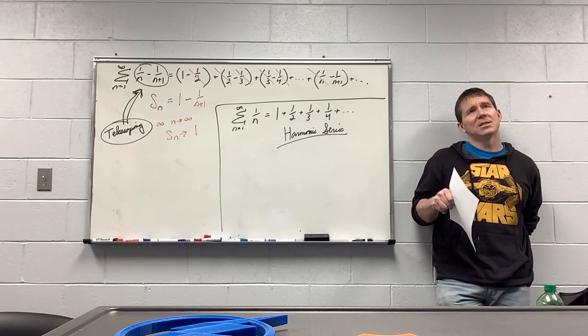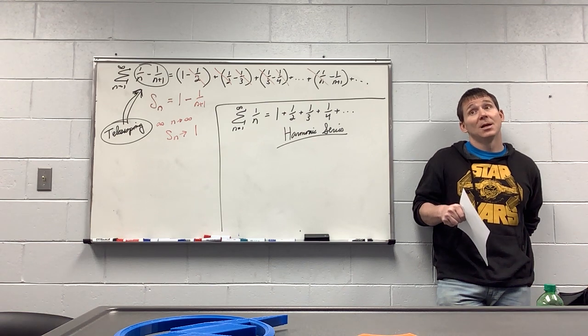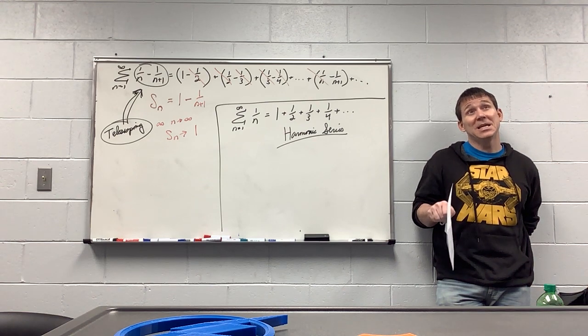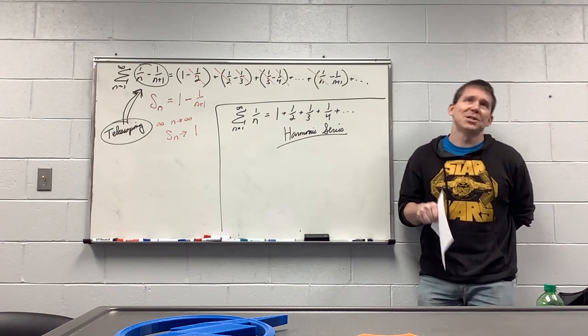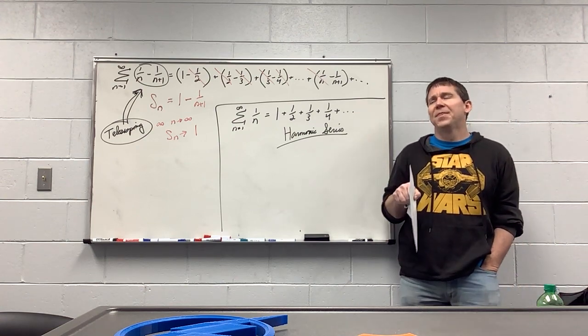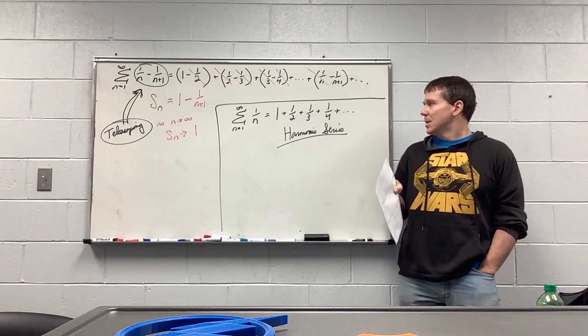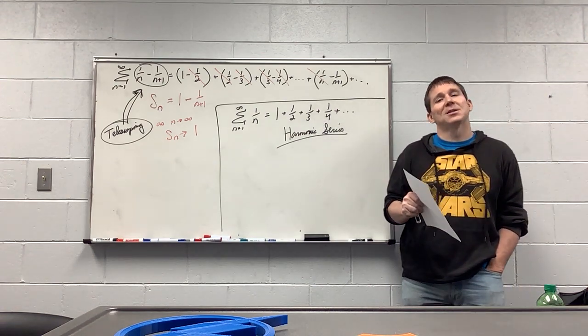I know that geometric series, like the one we did, 1 over 2 to the n, converged because essentially they were fractions and the fractions got small enough fast enough that they didn't really matter. Here I'm adding up a bunch of fractions.